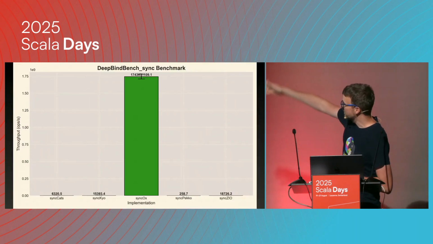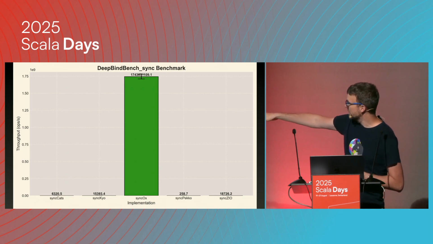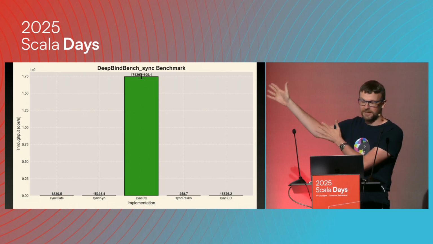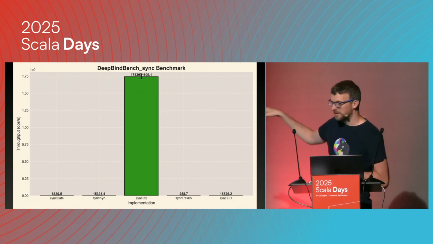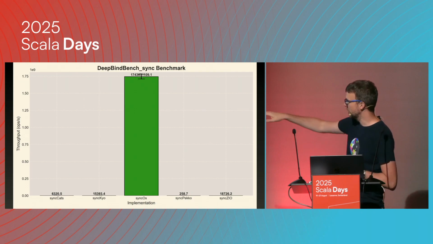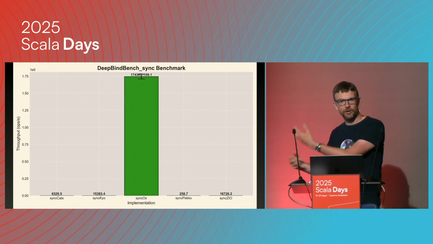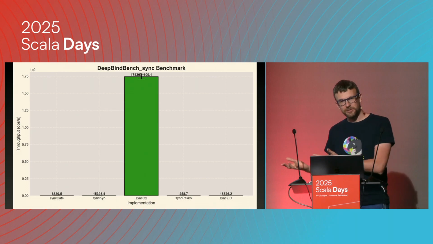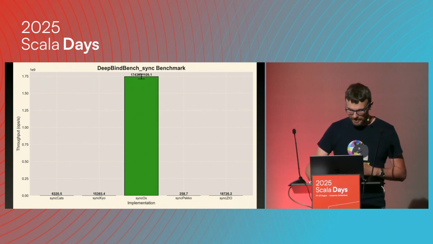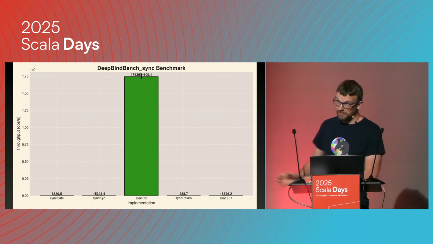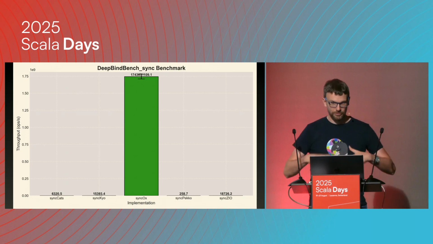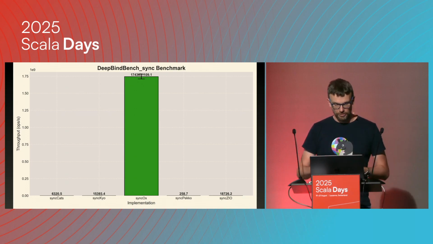Because just calling recursive methods in Scala is very fast. So it's nothing specific to Ox, really. It's just direct style Scala. So it will always dwarf these others, which will always be much slower because they actually have to construct the IOs and so on and so on. So some benchmarks don't really make much sense when they are transferred to direct style. So yeah, let's focus on the other ones. However, in your code, this does make some sense, right? Because you don't have to allocate all those IOs, for example.